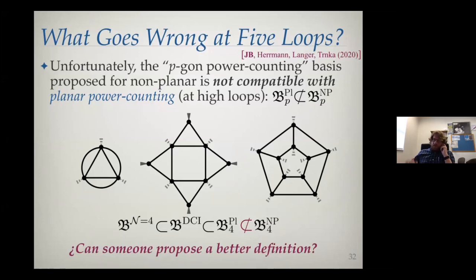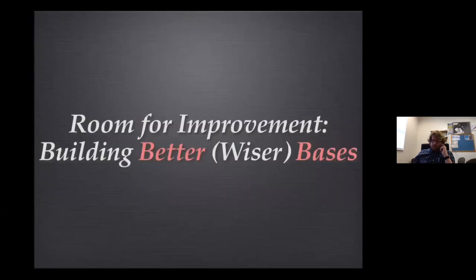So I've got 10 minutes left and I want to leave a little bit of time for questions. So instead of talking about integration and stuff, I just want to talk about ways that we can improve, open questions and strategies for constructing a better basis.